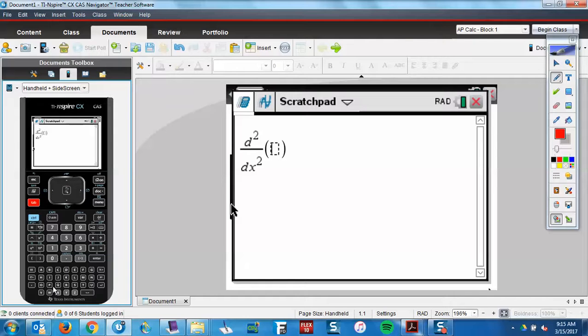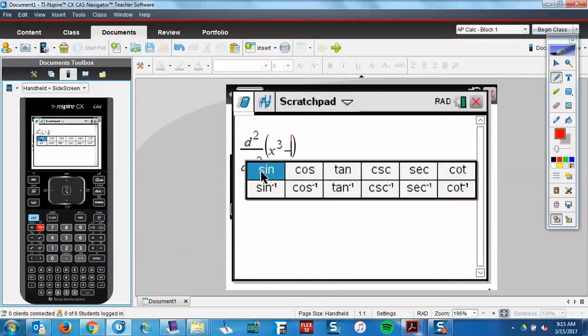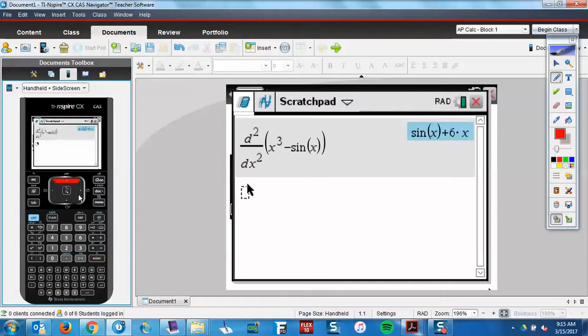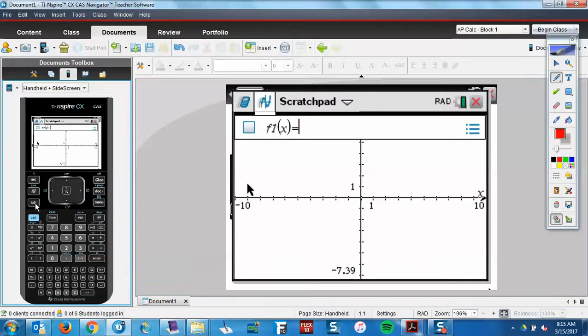And so I got x cubed minus sine x, got my second derivative. I'm going to copy that, go into my calculator screen, paste that.